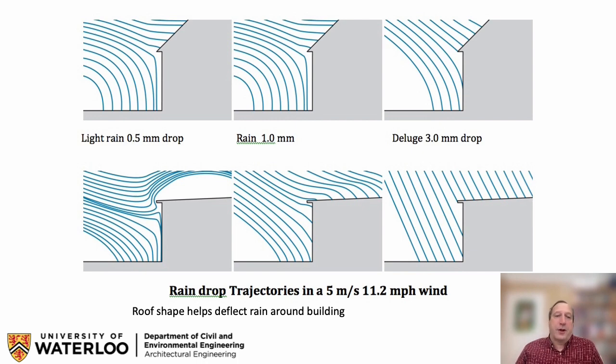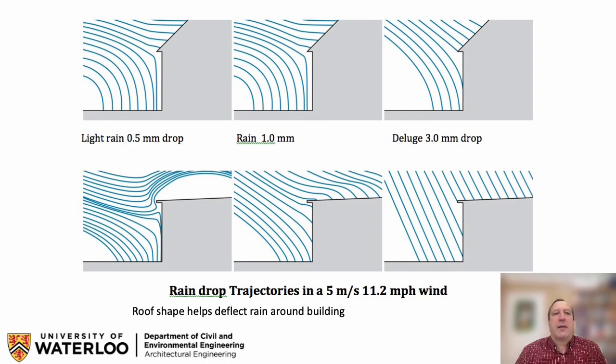A typical rain might be around a 1 millimeter average droplet, but there's a distribution, obviously. Heavy downbursts are 3 millimeter drops, and on the lighter rain side, but still rain, not drizzle, we have 0.5 millimeter.